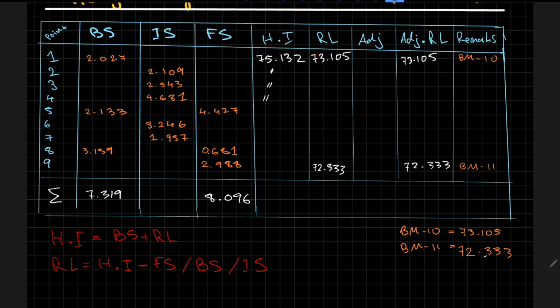So 75.132 minus 4.427. So now we get the reduced level, which is 70.705.